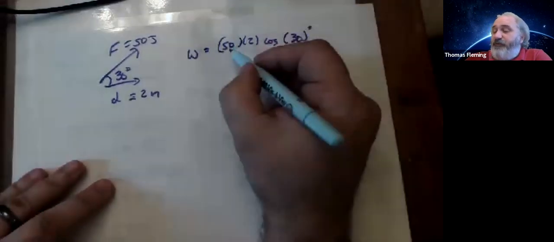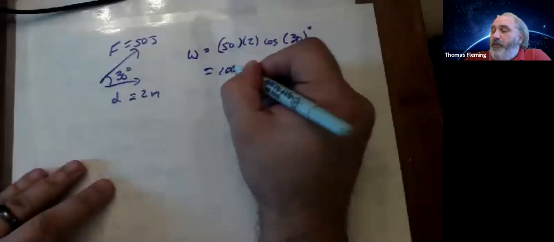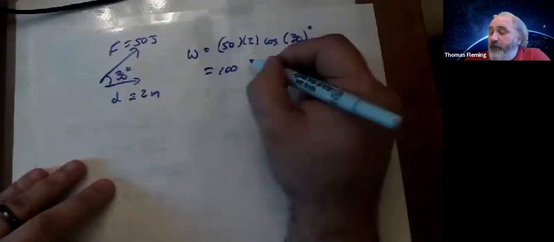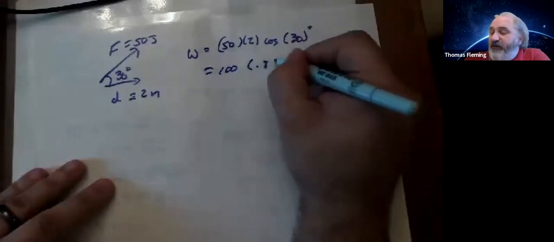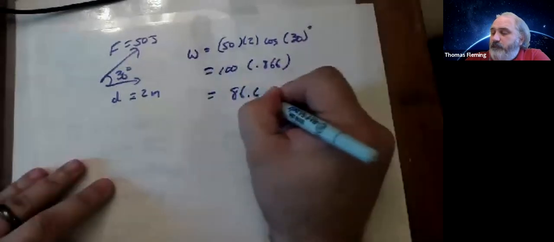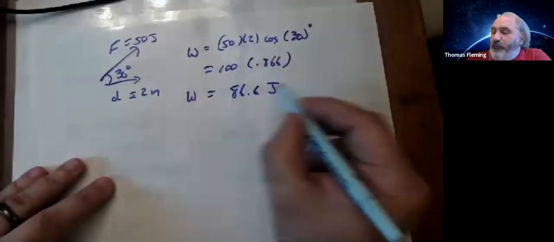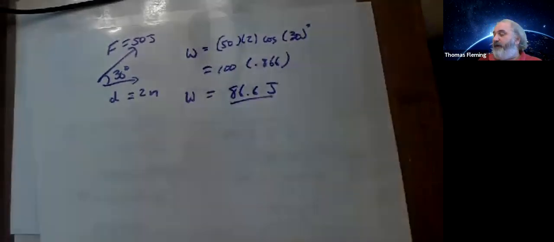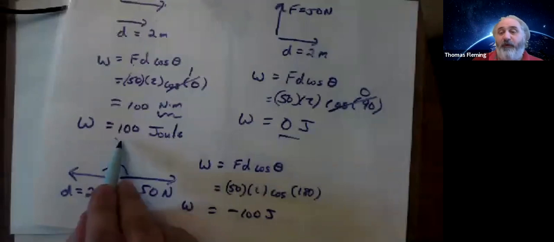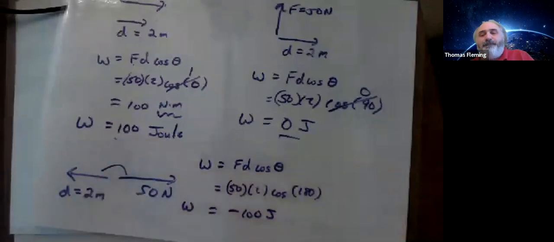And 50 times 2 is 100. But the cosine of 30 is not 1 or 0, right? Cosine of 30 is the square root of 3 over 2, which is about 0.866. So you can see that there was positive work being done, but it was less than the full 100 that we had when they were in the same direction. And that's kind of what's going to happen.